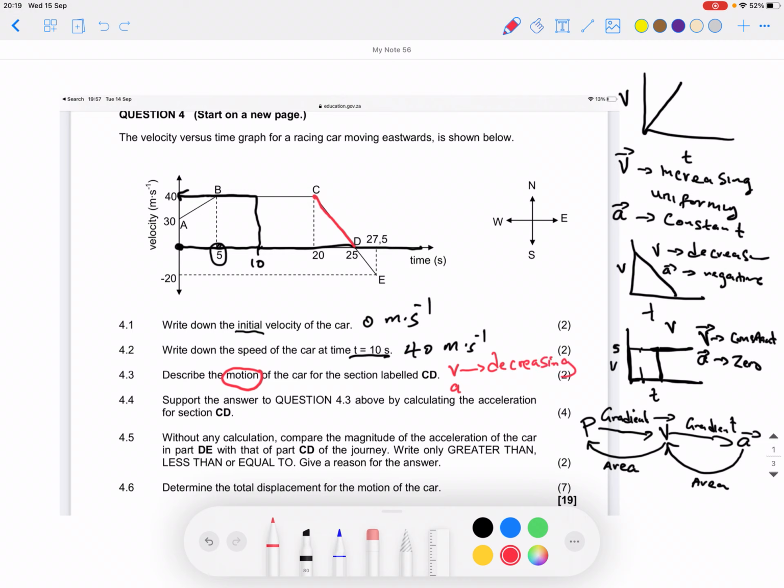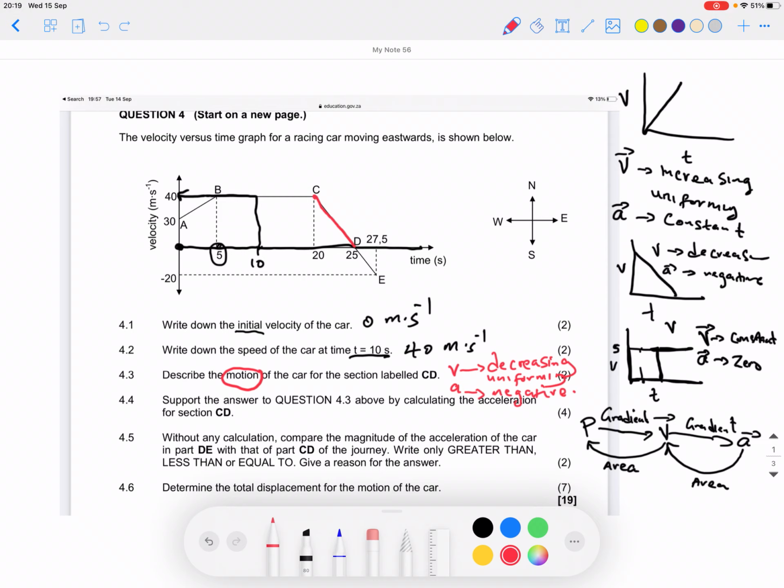You can see the graph is decreasing uniformly because you have a straight line going down, and then that means your acceleration is negative, right?